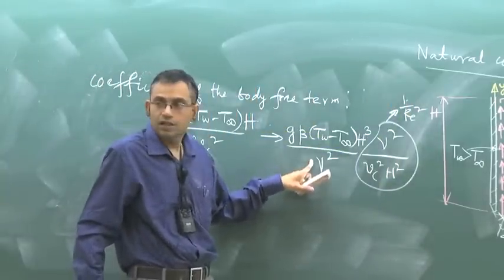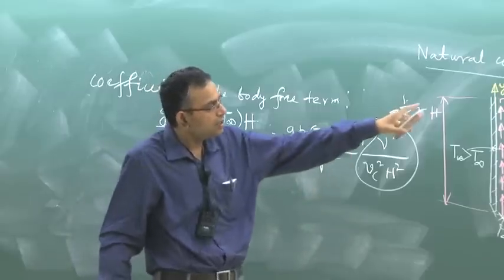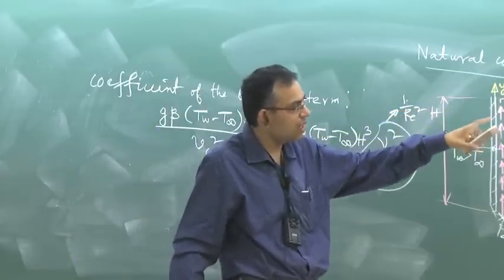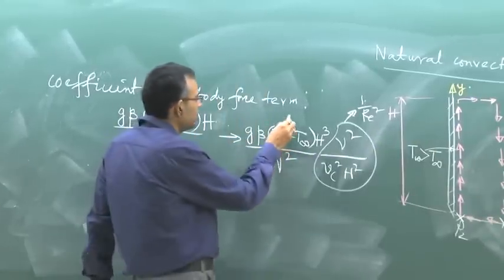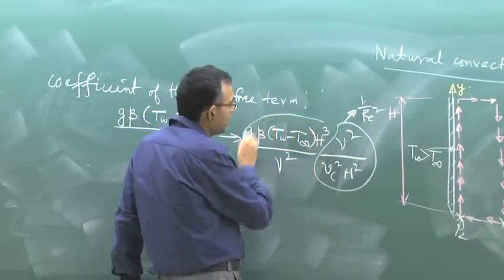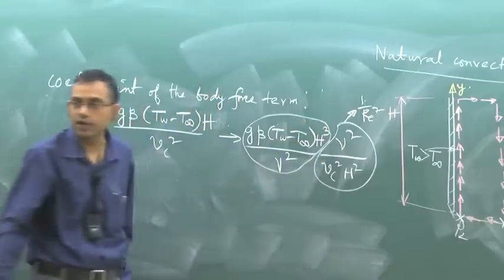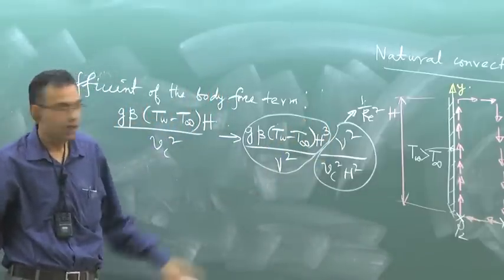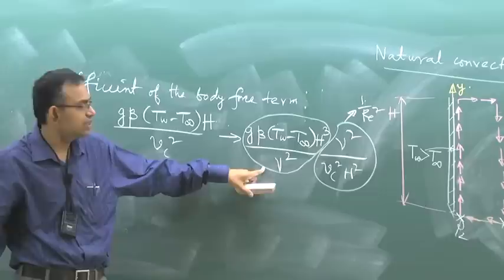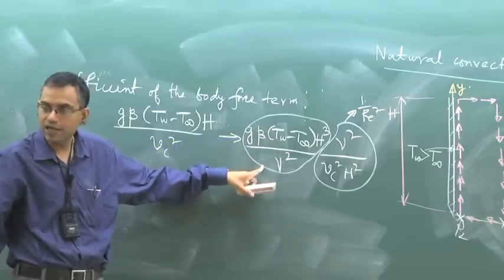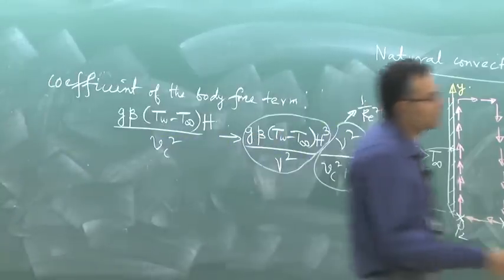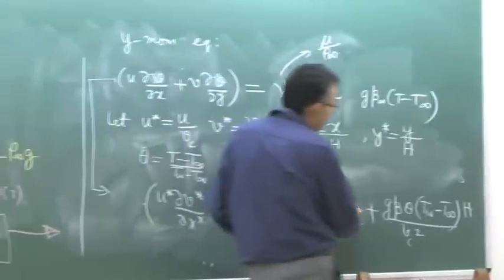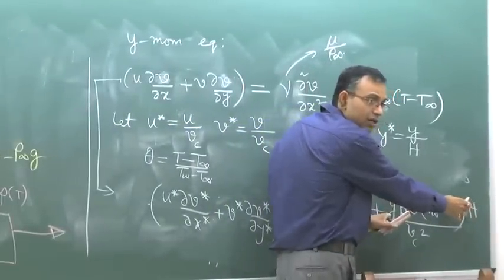Now see, by non-dimensionalizing all the terms, we have made all the terms non-dimensional. So this being non-dimensional, its coefficient also must be non-dimensional, right. You can check by putting the dimensions, you will see that it will come out to be non-dimensional, but it is very clear. See, this is a non-dimensional term, this is a non-dimensional term, so this also must be a non-dimensional term.